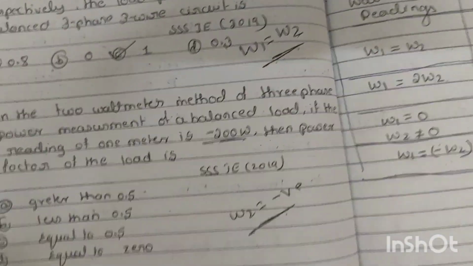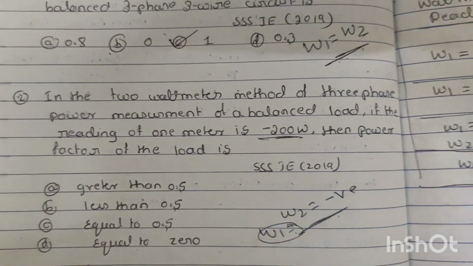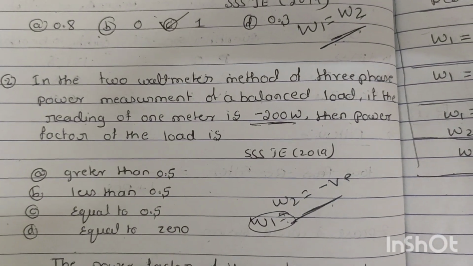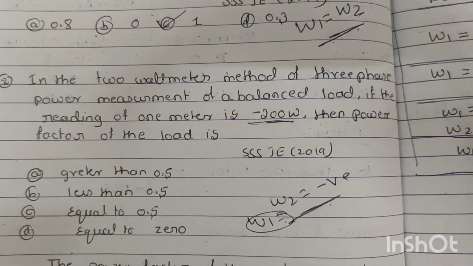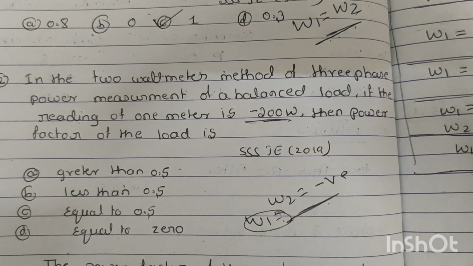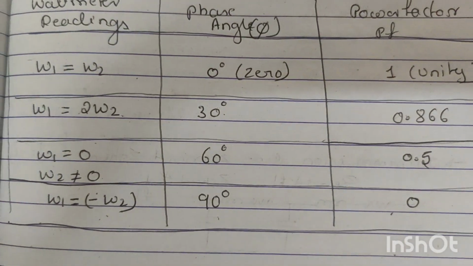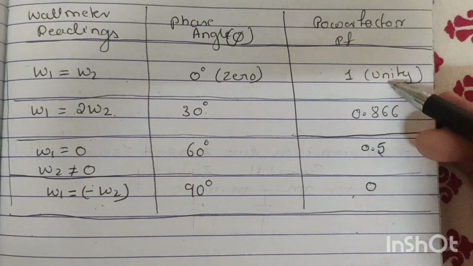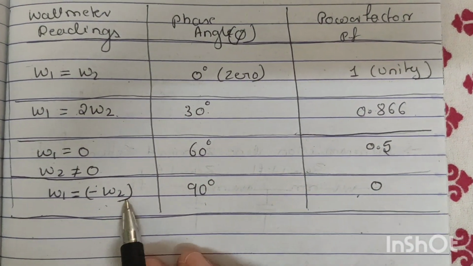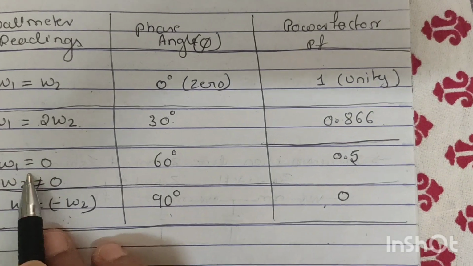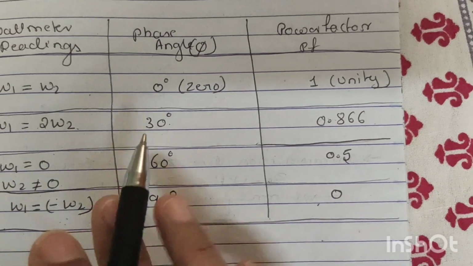But in this question, for wattmeter 1 reading, they have not given any reading or hint. See the options: A greater than 0.5, B less than 0.5, C equals to 0.5, and D equals to 0. So these two conditions we can neglect. W2 is negative, but they have not given that W1 is 0 or anything.